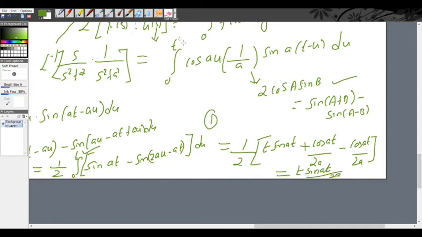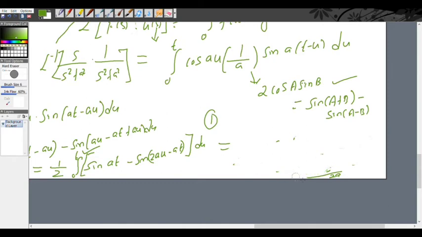Let me rub this. I hope you have written this one. I am rubbing this, okay? Unable to have the space actually. I am writing the answer. After application of the integration as well as applying the limits, I got this as a final answer, t into sin at divided by 2a. So this is the answer.